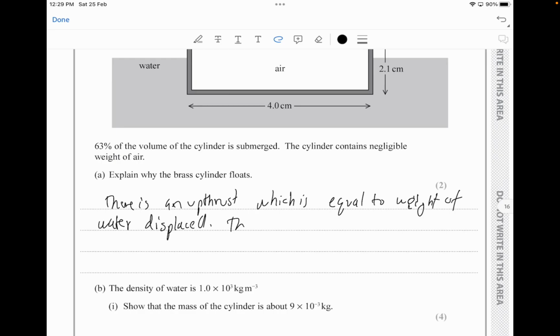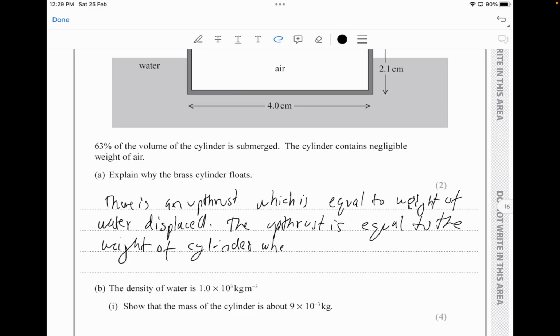And we can also mention that the upthrust is equal to the weight of the cylinder when it's partially submerged. This is going to be the answer for about 2 marks.